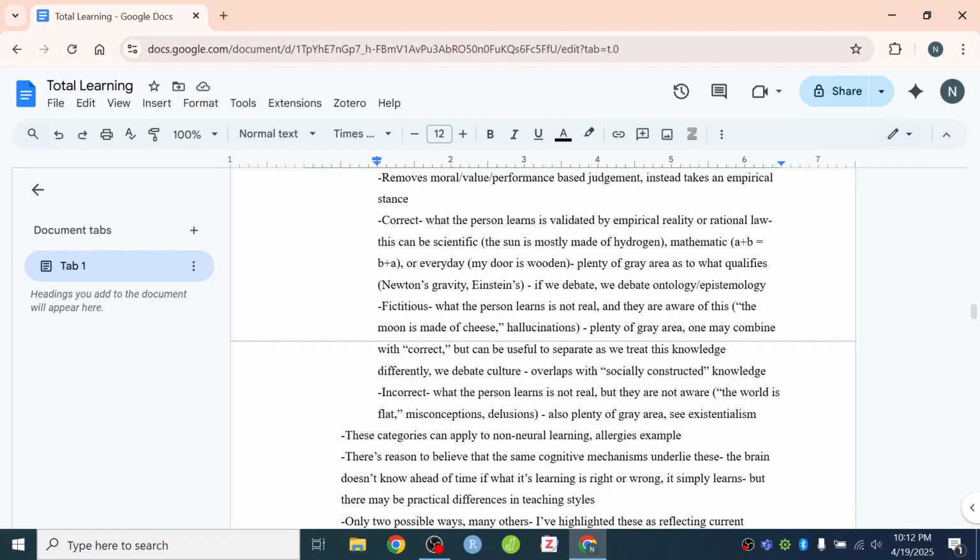Whether what we're learning is useful or not useful or counterproductive, we're still using the same brain to learn those three different kinds of things. We're still using the same processes. We're still taking in that visual information and it's processed in the occipital lobe, and it's going through the streams to the frontal lobe. It's the same process. The brain doesn't know ahead of time if what it's learning is quote unquote right or wrong. It just learns things.